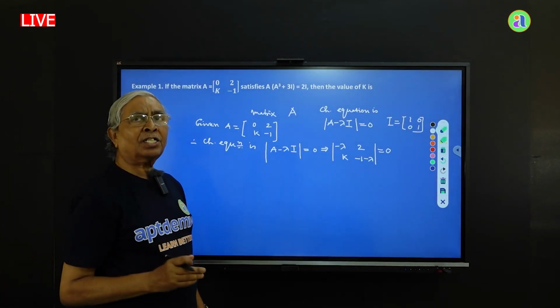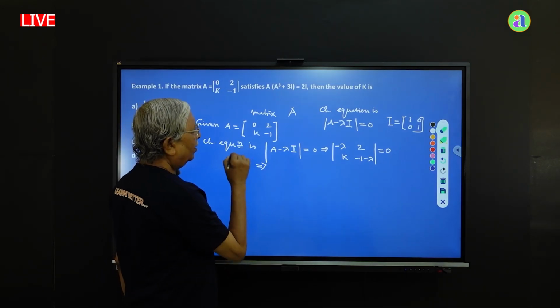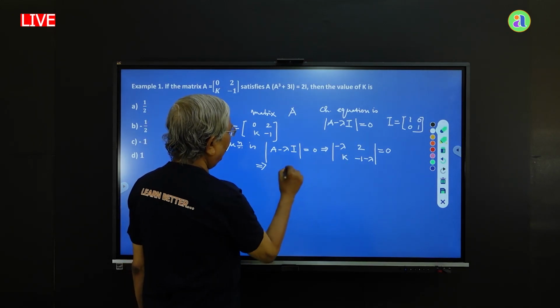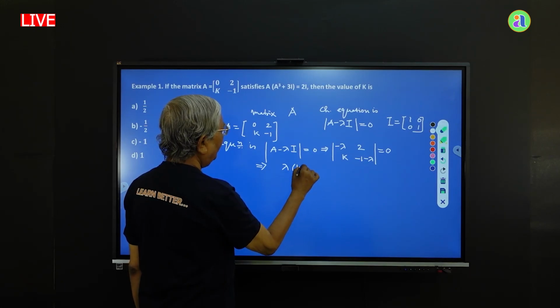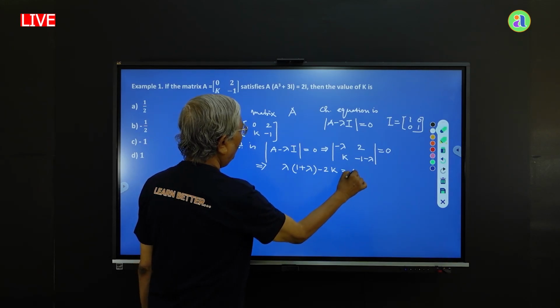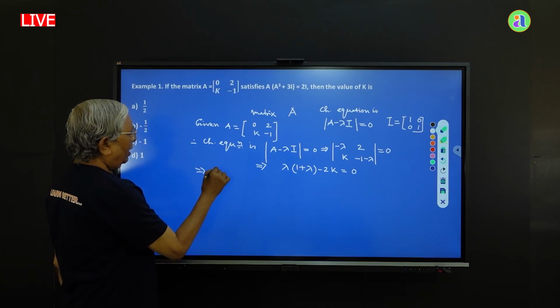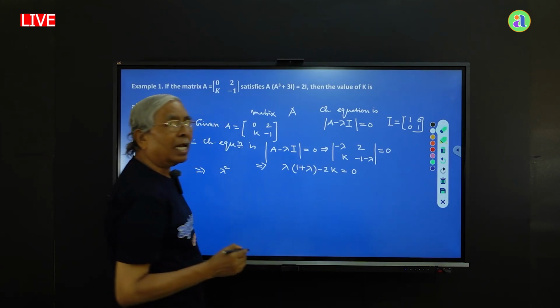Now you simplify the determinant. What do you get? Minus lambda into (1 plus lambda) minus 2k equals to 0. This will imply lambda squared plus lambda minus 2k equals to 0, where 0 means the null matrix.